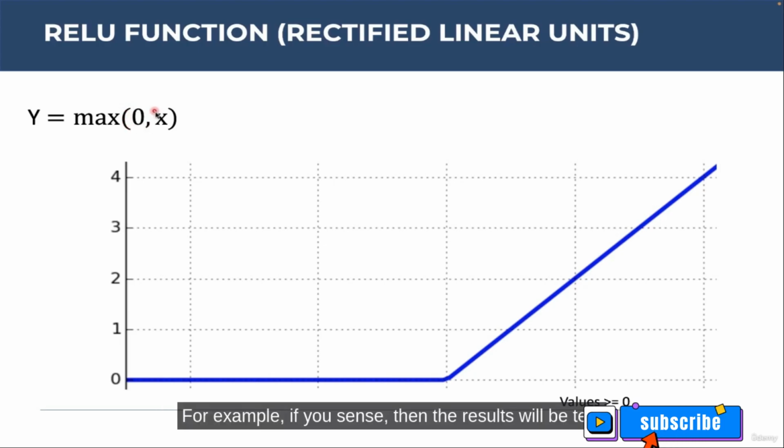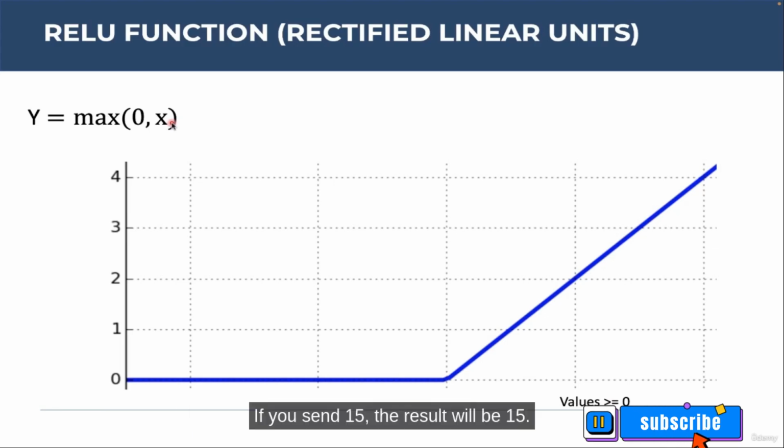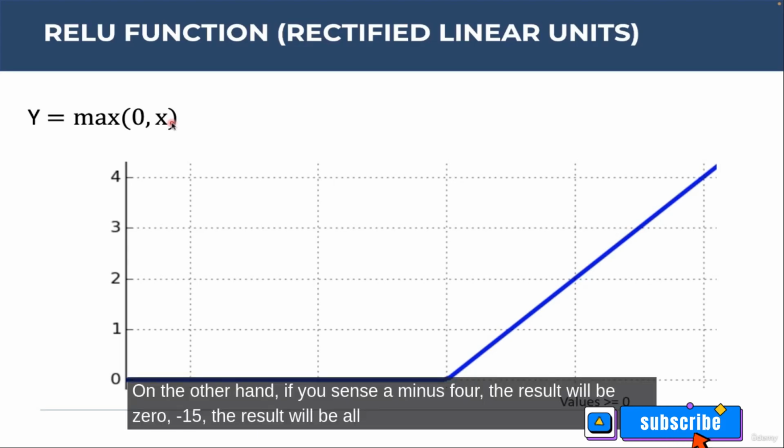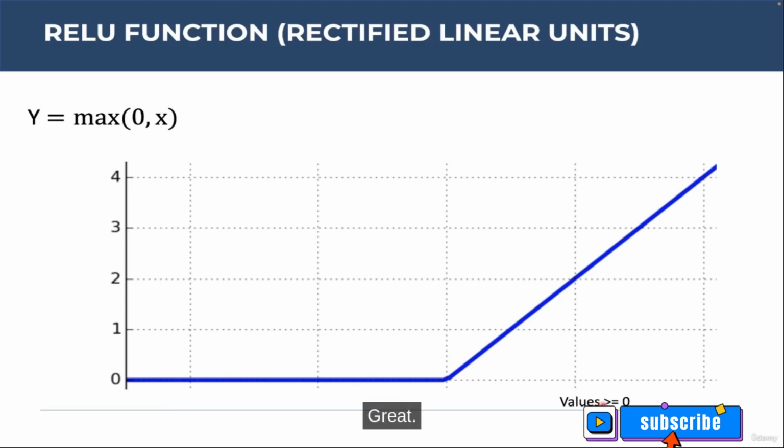For example, if you send 10, the result will be 10. If you send 15, the result will be 15. On the other hand, if you send -4, the result will be 0. -15, the result will be also 0. You can see this straight line, so it will return values greater or equal to 0. There is no maximum value.